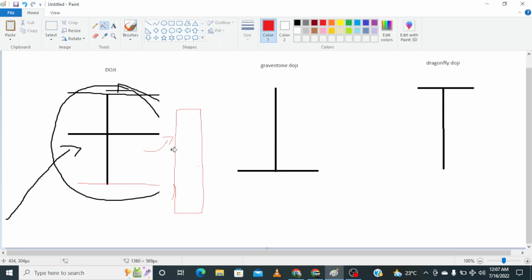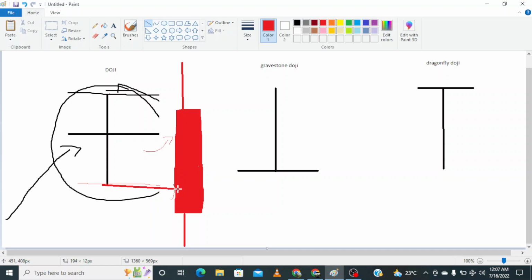It can be any type of candle, but the closing has to be either below or above. So that signifies that either this trend is going to continue up or it's going to go down. The doji does not tell you anything itself, but the candle after the doji tells you what the direction of the market could be.